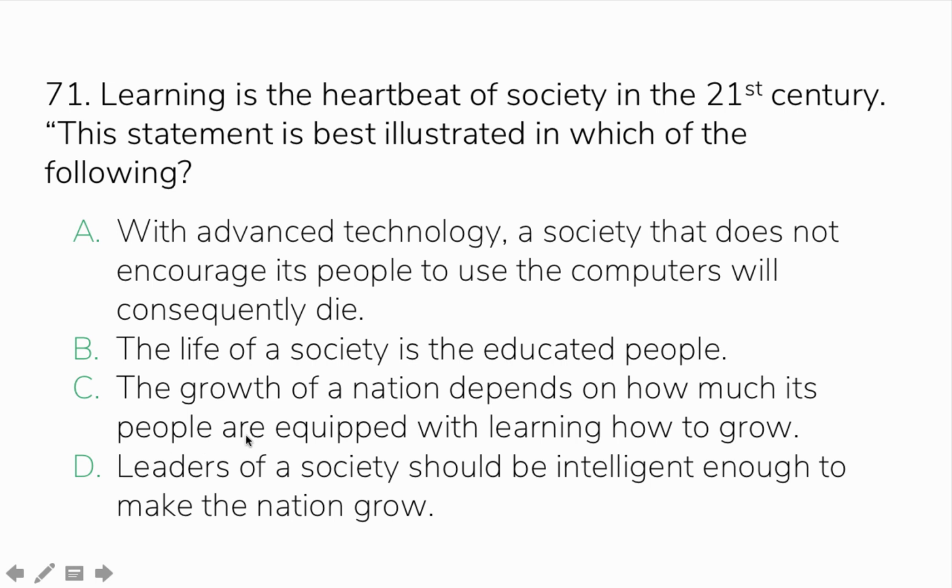And in option D, yes, we agree that leaders should be intelligent, but our own history shows that intelligence is not enough. To make the nation grow, our leaders should have a strong political will and should symbolize and embody a moral compass for its people. So the most sensible answer here is the option C.